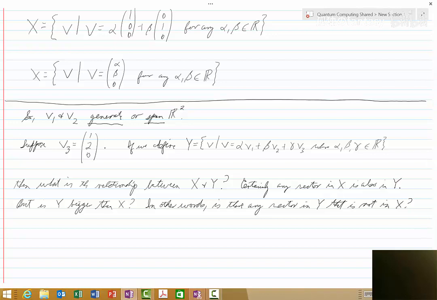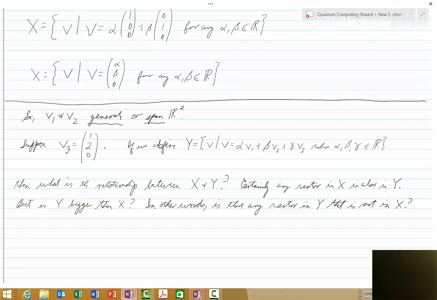For those of you who've had a little bit of linear algebra, you probably recognize that right now I'm beginning a discussion of an idea called linear independence. And we should be familiar with this idea in this course. But if you're losing me a little bit, don't be too concerned.